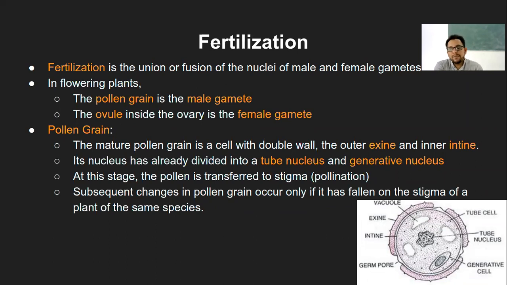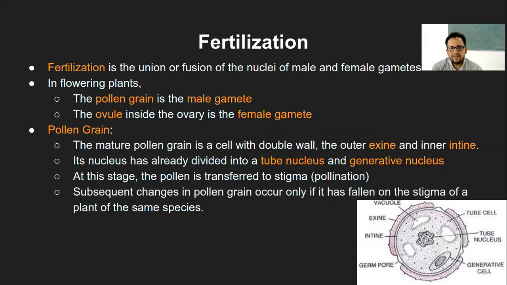Even in humans, the male produces sperm cells and the female produces egg cells or ova, and when they are about to fuse, obviously the cell has to fuse, but it's majorly the nuclear fusion which causes zygote formation. So that is what is called fertilization.